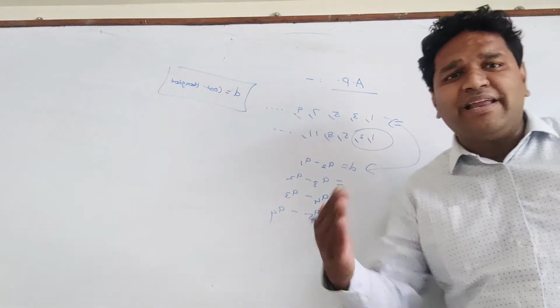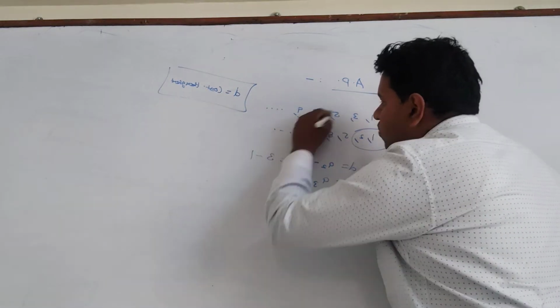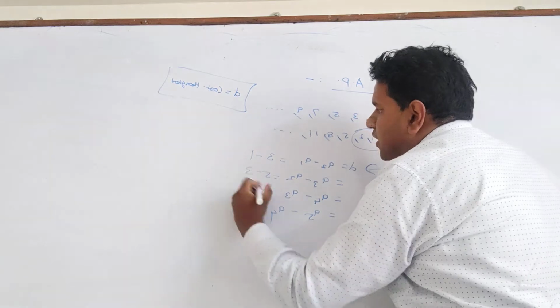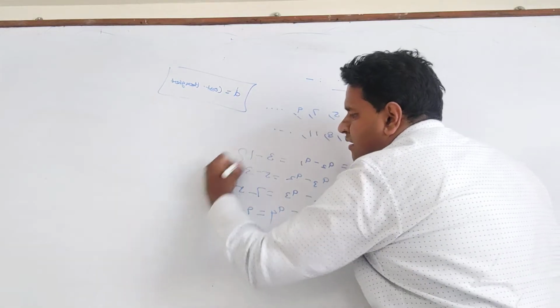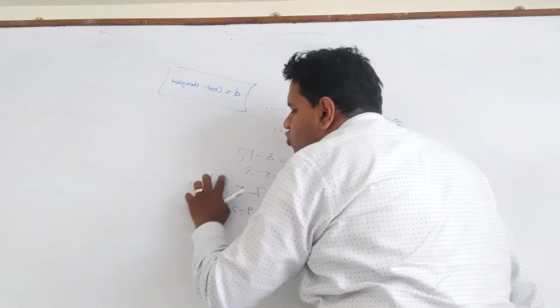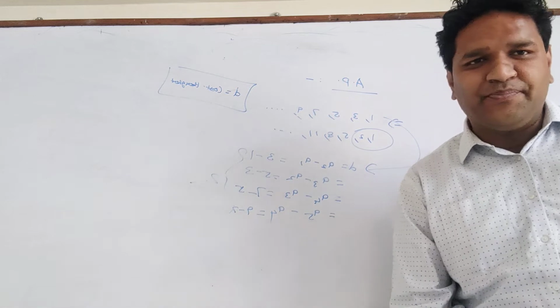Put in whatever you want, 3 minus 1 or 5 minus 3 or 7 minus 5 or 9 minus 7. The common difference will be 2 throughout.